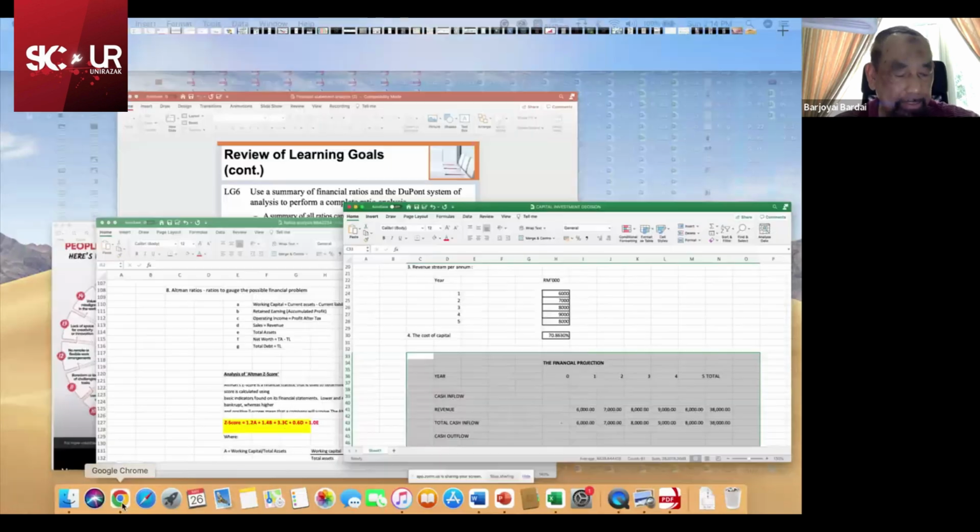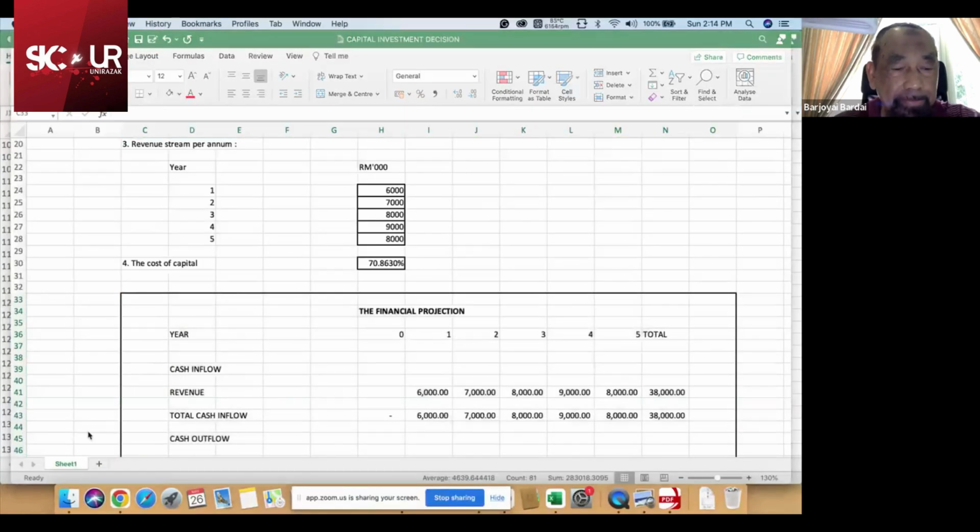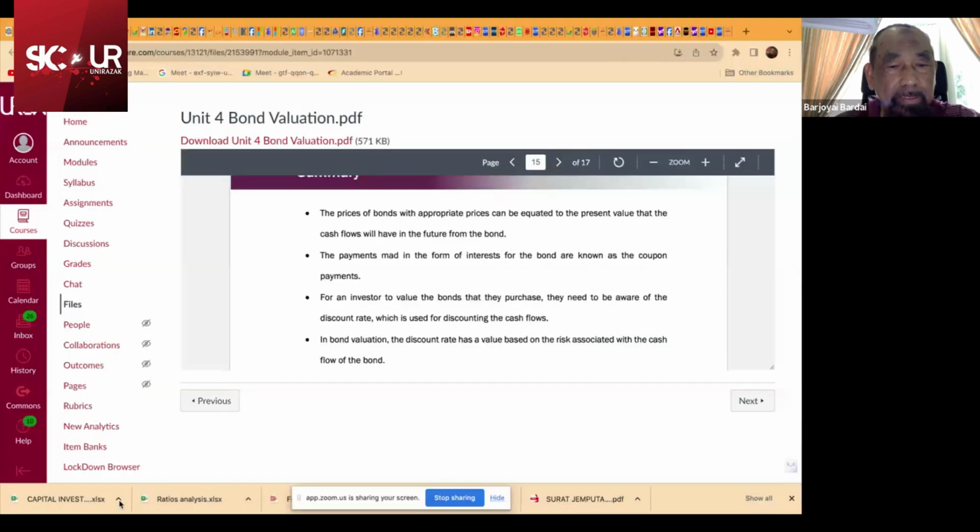Sir, may I ask, are cost of capital and cost of fund the same? Cost of capital is a broader perspective. Cost of capital normally takes into account the whole firm, the whole company, but cost of fund can be specific.